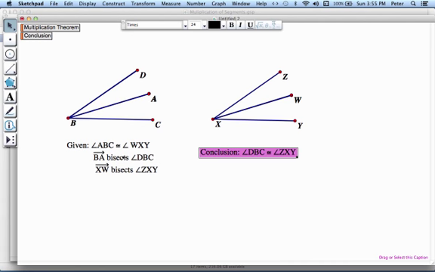And the tip-off was seeing this keyword bisect twice. That's going to be a big hint in our given information: when we come across the word bisect twice, trisect twice, midpoint, or trisection point being given twice, it's usually a sign that we need to use multiplication or division, which we'll turn our attention to now.